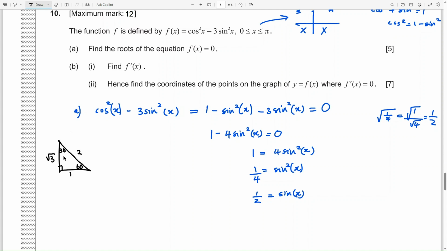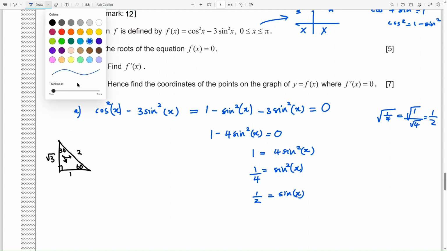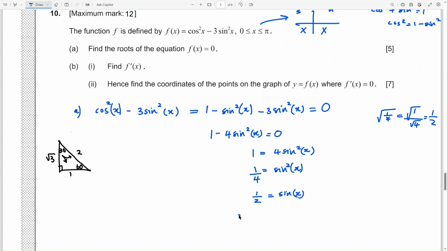But yeah, you can see once again, opposite over hypotenuse is happening with 30 degrees, pi over 6. So sine pi over 6 gives you half. So x could be pi over 6. Or in the other quadrant, it's pi minus pi over 6. So that would be 5 pi over 6.